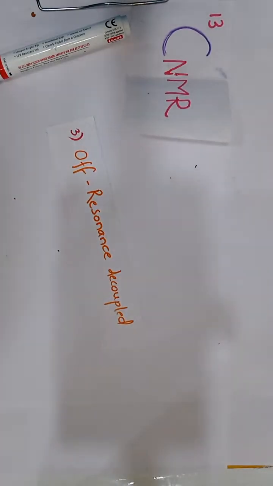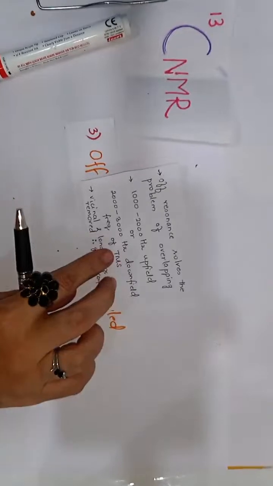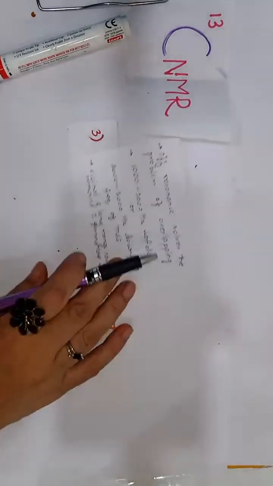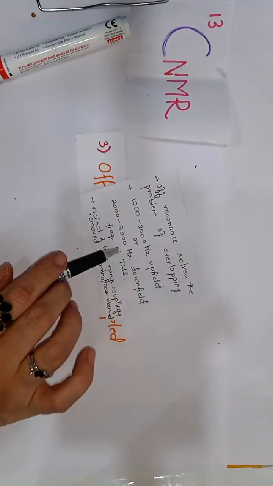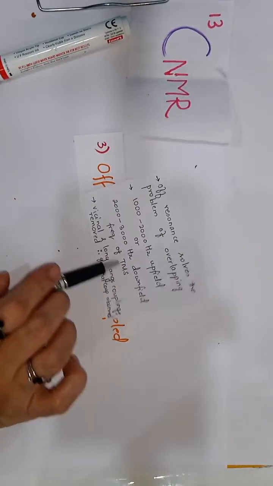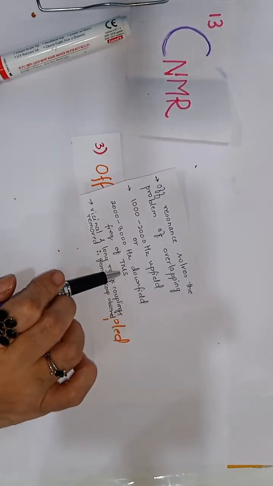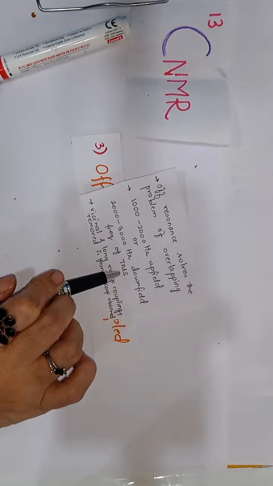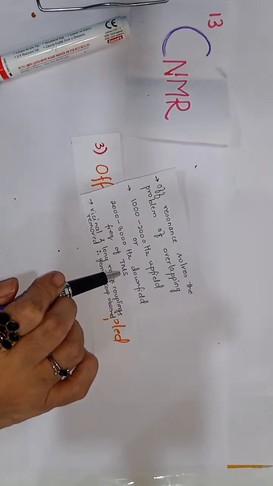Normally 1000 to 2000 hertz upfield or 2000 to 3000 hertz downfield frequency of proton TMS is applied.